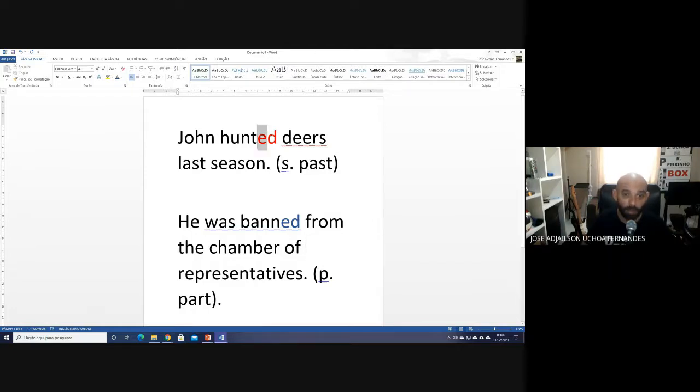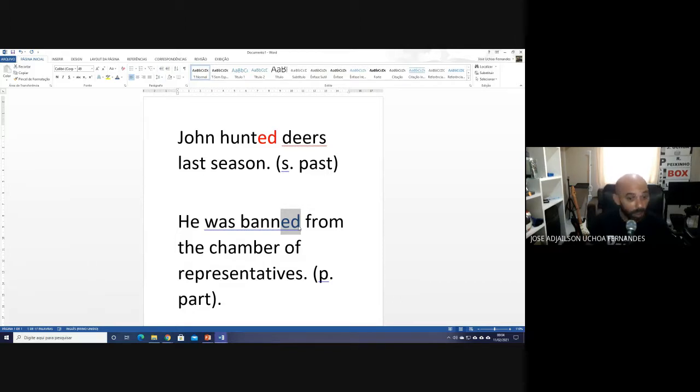Because this final morpheme ED in hunted is what I call the simple past morpheme. This final ED in banned is what I call the past participle morpheme. They happen to graphically and phonetically be the same, but the role they play in the process of word formation is completely different.